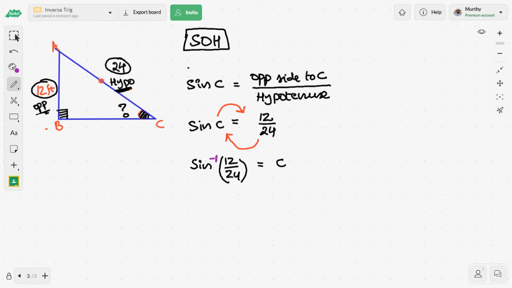Sine inverse 12 over 24. Now when you write it this way, you have to enter it in the same way on either a TI-84 calculator or maybe using a Desmos online calculator. Then I'll show the process here.